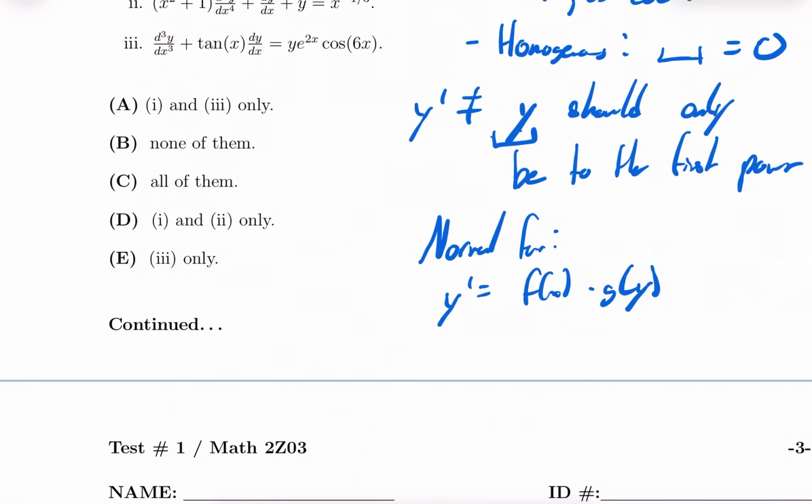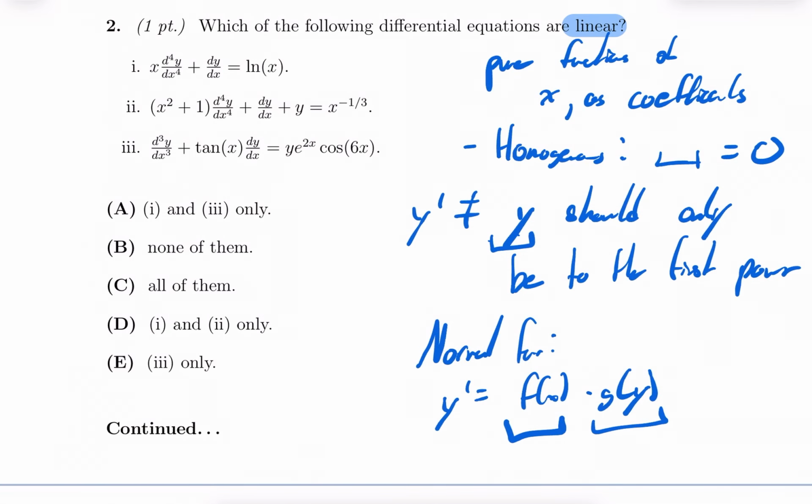So the respective y function and the respective x function. So with that criteria, let's see what we got here, okay? So we got x, this is fine, this is cool. Y, the first one's fine, okay?